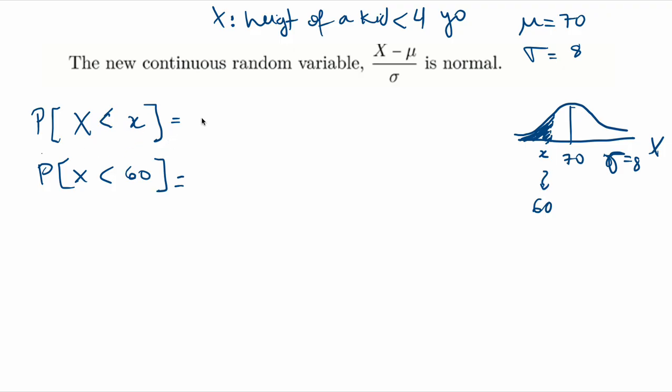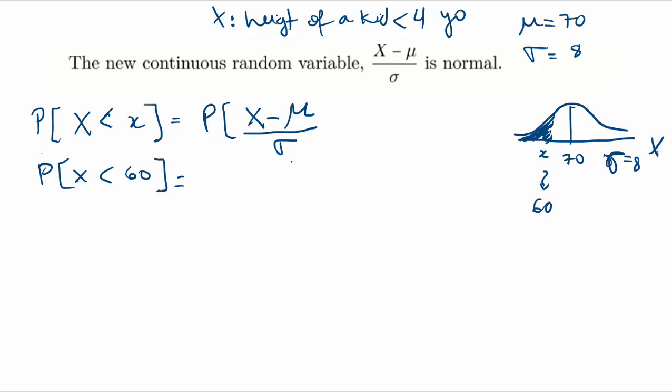So what happens is, I will do a trick, okay? What am I going to do? I'm going to transform the x into a z. The thing that the mathematicians discovered is that if you take from your x the mean and divide by the standard deviation, actually this is z.